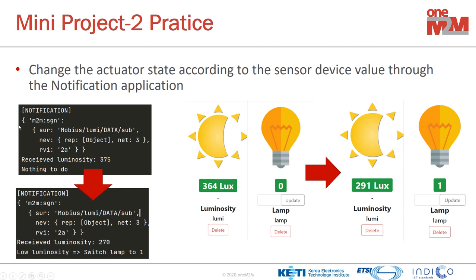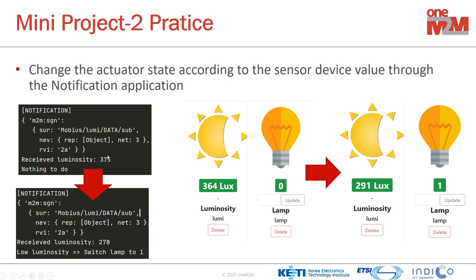So each notification looks like this, with SGN, single notification, and there are other key values like subscription reference. What is the subscription that is generating the notification? In this case, it is the subscription we created under Mobius Lumi data, and this is the subscription resource name that we have created.